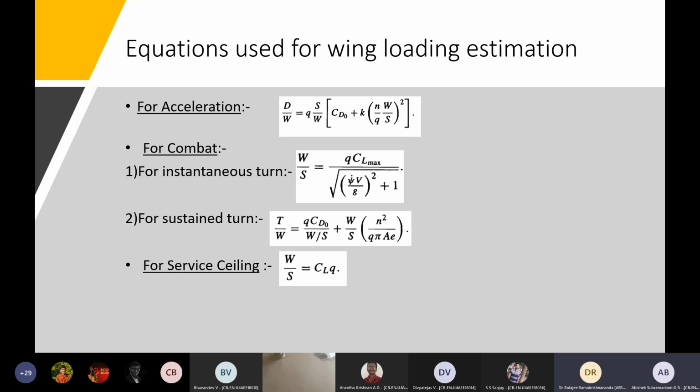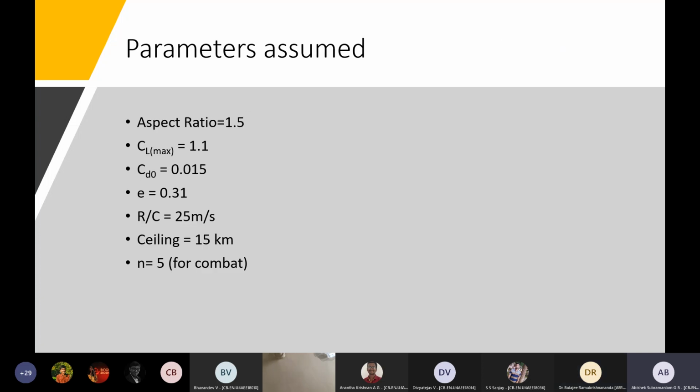Okay. So the assumptions we took: aspect ratio is 1.5, maximum CL is 1.1, zero-lift drag coefficient is 0.05, Oswald's coefficient is 0.31. E seems to be very less. Why? Oswald's efficiency factor.